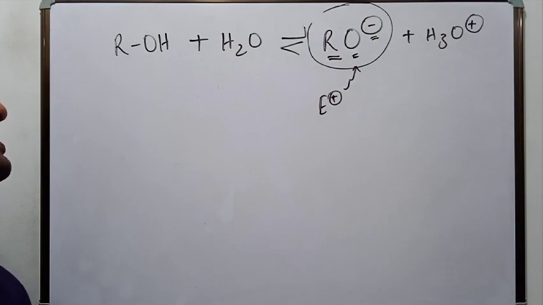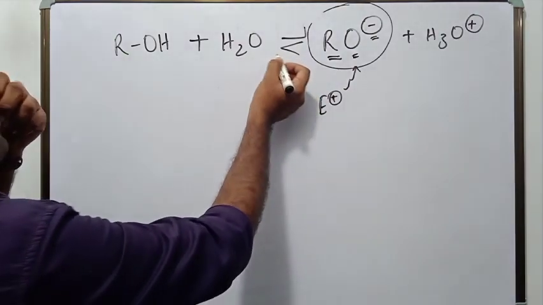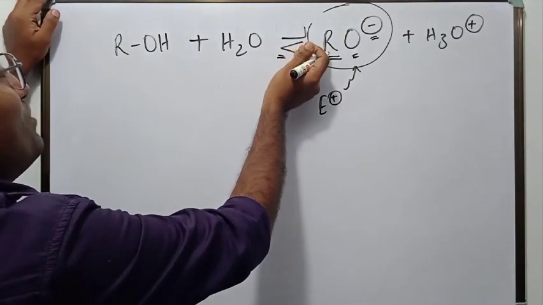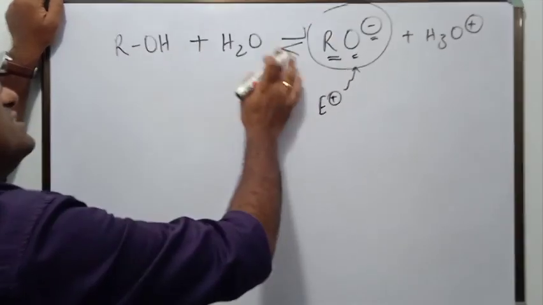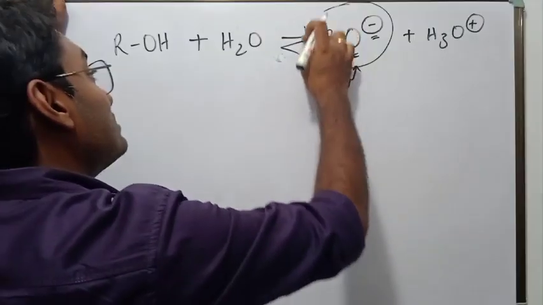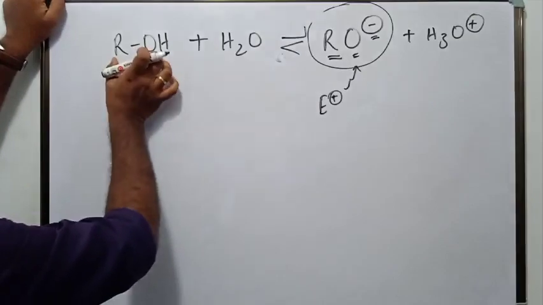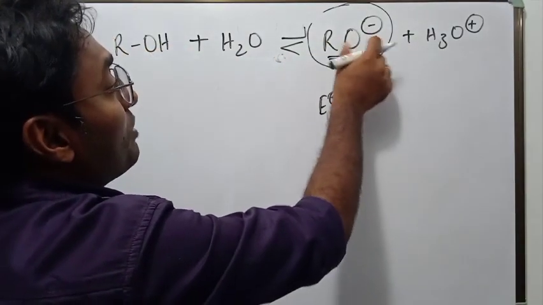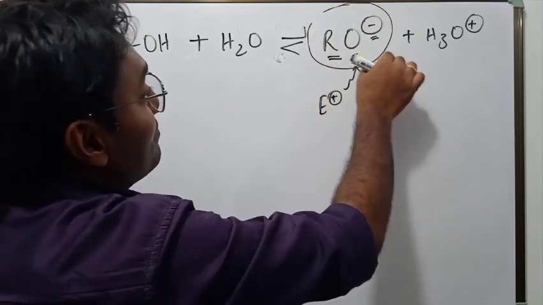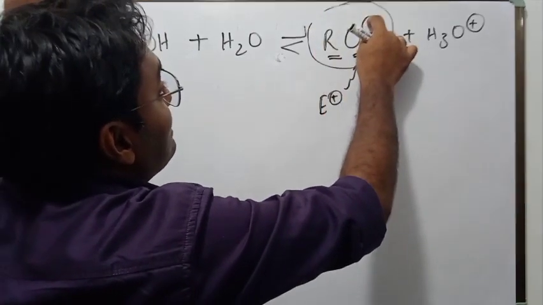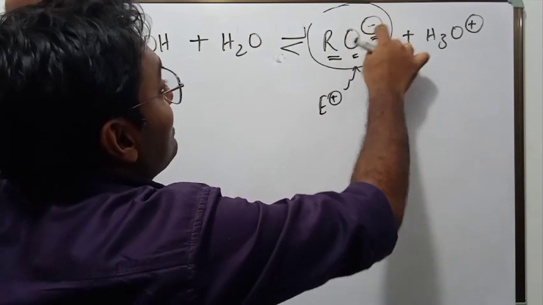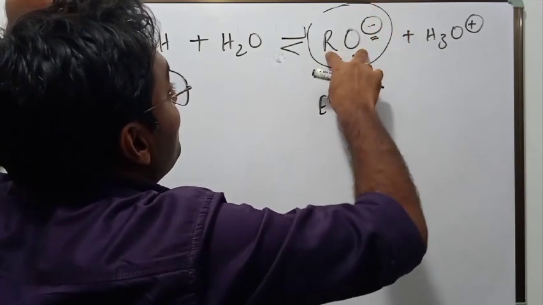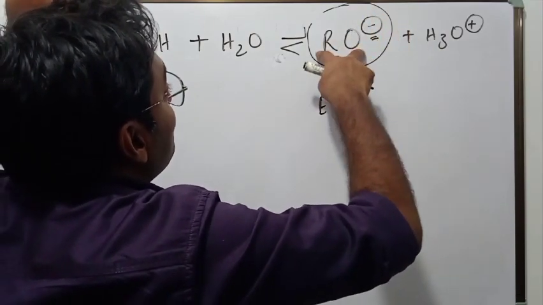Look at this equilibrium. The equilibrium will be shifted backwards. The formation of the alkoxide ion won't be favored. An alcohol would never want to become an alkoxide ion. Why? Because the alkoxide ion is reactive, because there is localization of electrons. The electrons are static, so it is very unstable.